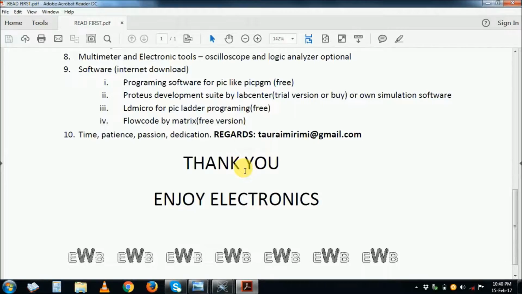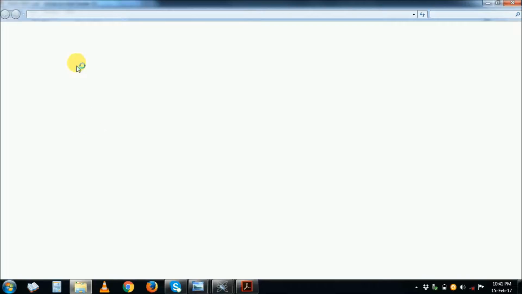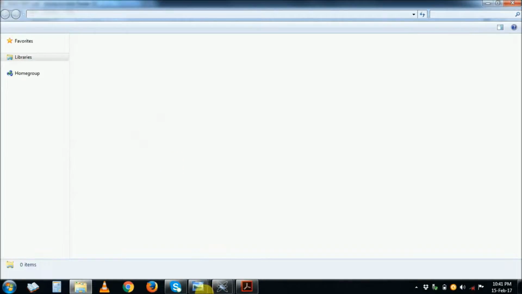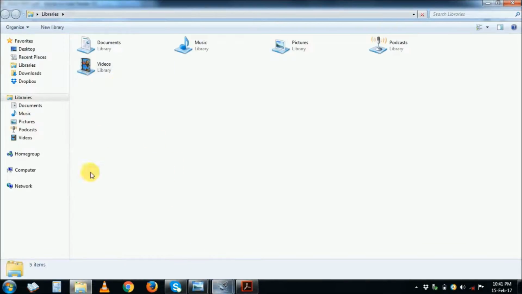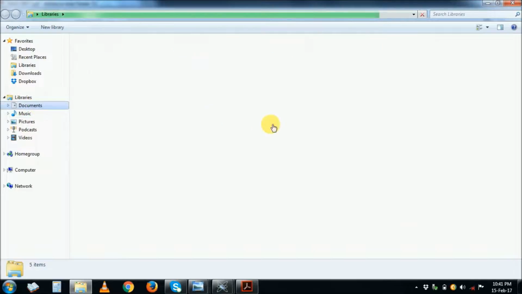I've done most of these circuits. The only circuit that I have not built, I can show you from the folders here. I don't know why it is taking time to open the circuits. Something is going fishy here.